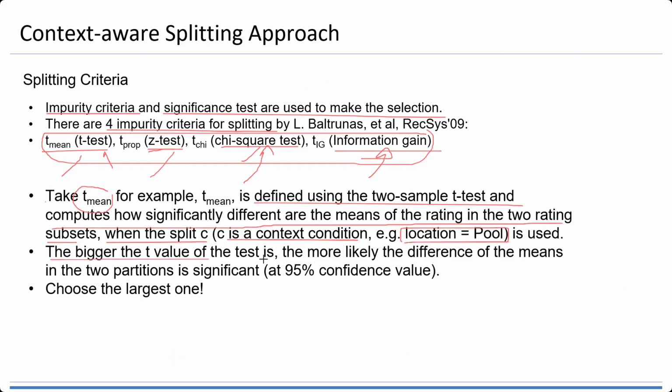The bigger the value of the test is, the more likely the difference of the means in the two partitions is significant. With a 95% confidence interval, if the t-min has a large value, then we can say the two partitions are significant.